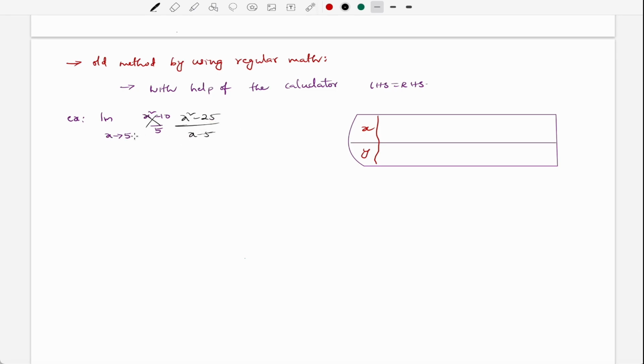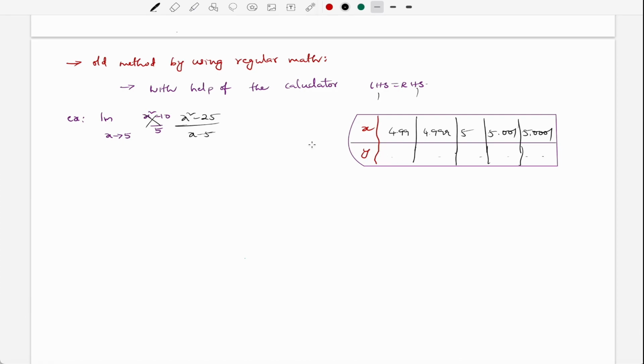I just want to plug in the values from the LHS and the RHS. The value is 5, right? So I want to plug in values like 4.999, 4.9999, and 5, and 5.001, and 5.0001. I want you to find these outputs.